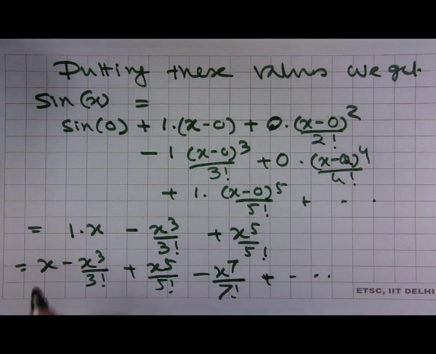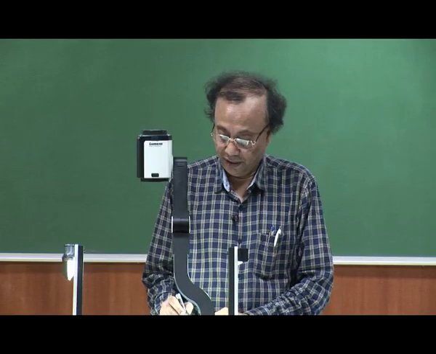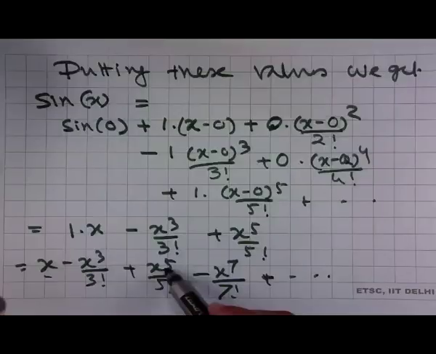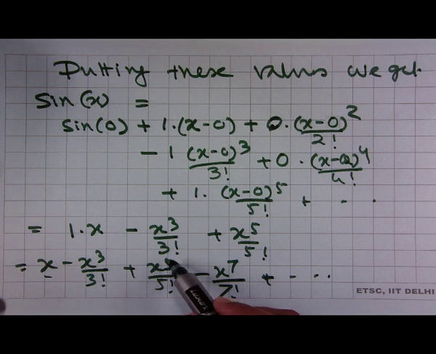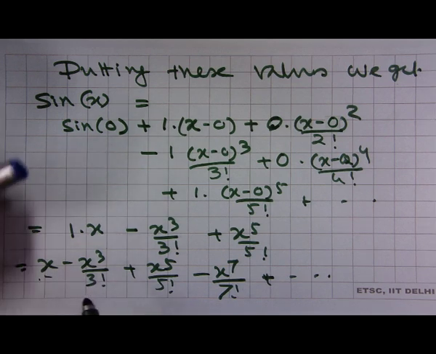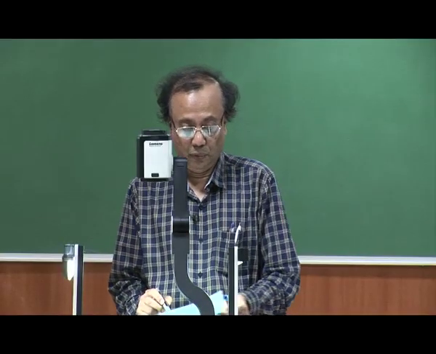That is, we shall get a polynomial where only odd powers of x are there, and the coefficient for x to the power k is 1 upon factorial k, and the signs of them are going to be plus minus in an alternative way.